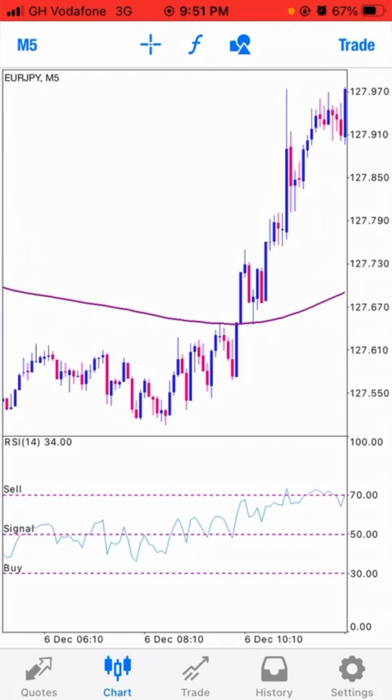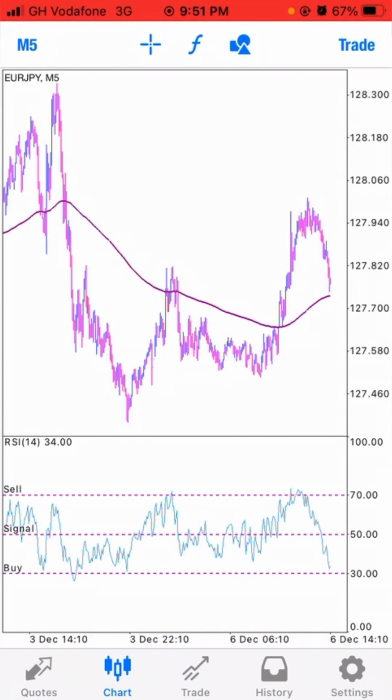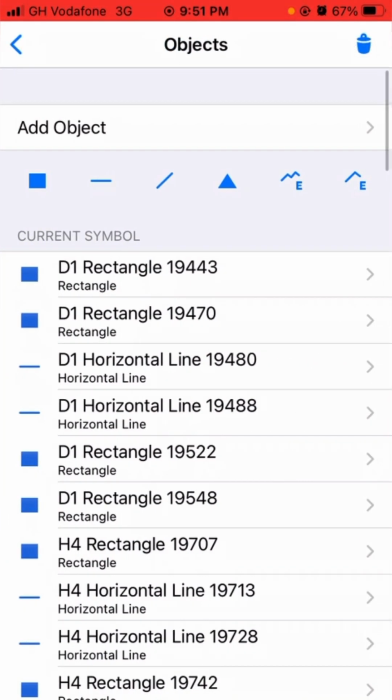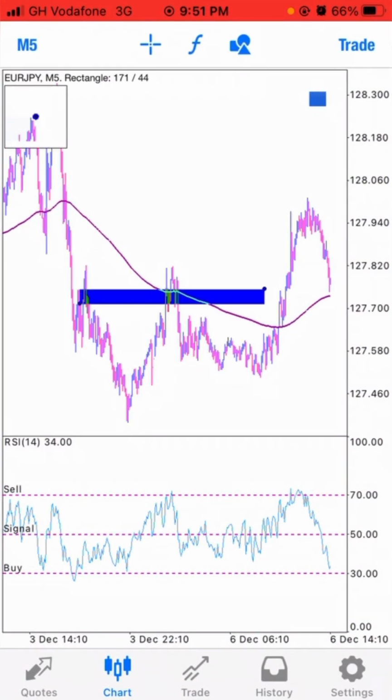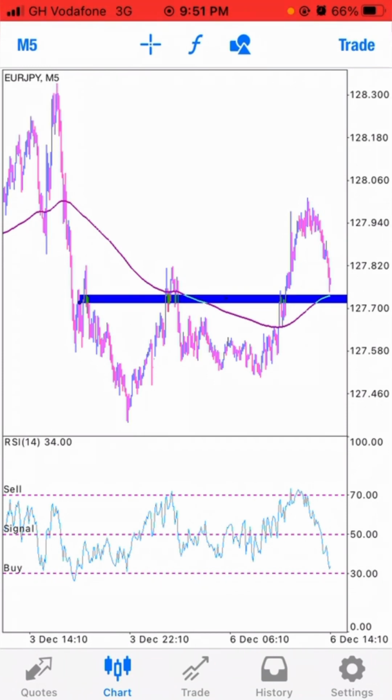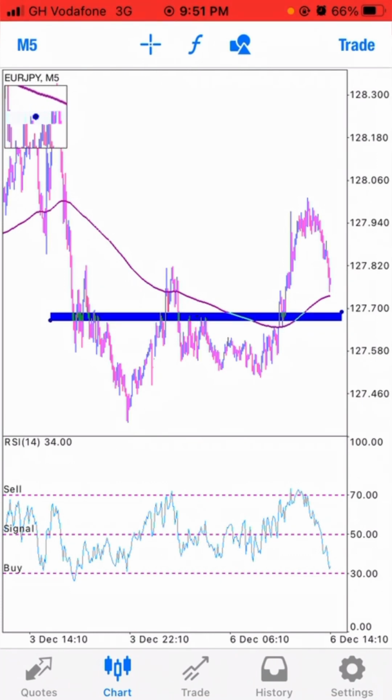Okay, so this is the 5 minutes. So if I want to scalp for the 5 minutes, this is also a zone. Okay, this is the zone.